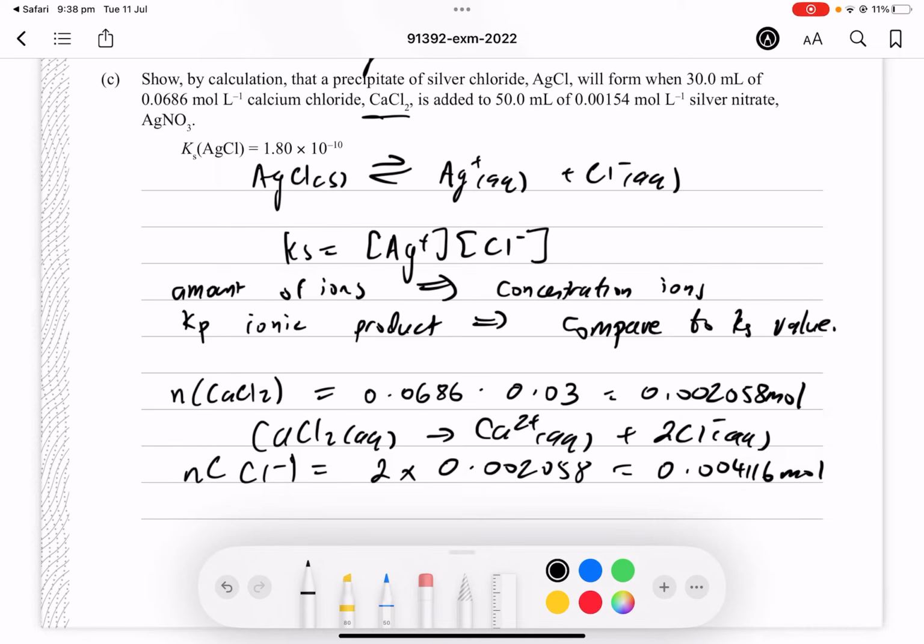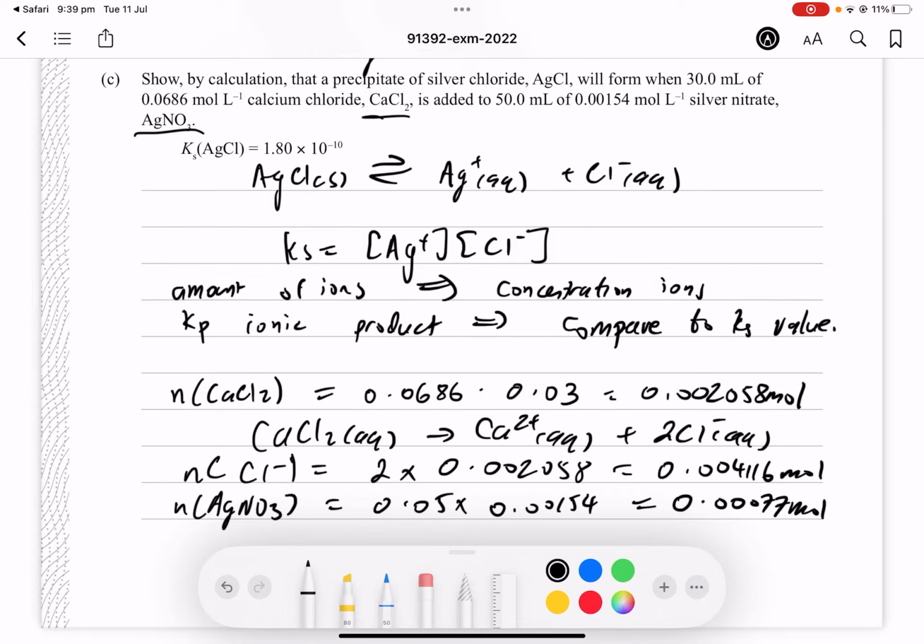And we want to find the amount of Ag+ ions. So the amount of AgNO3 is equal to 0.05 multiplied by 0.00154, and that's going to be equal to 0.0000770 mole.